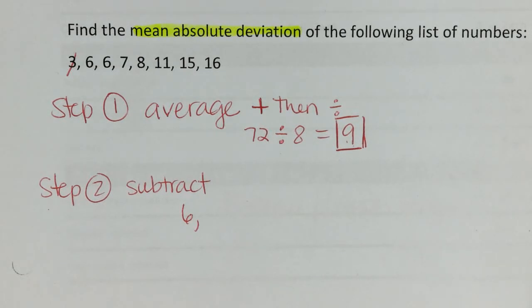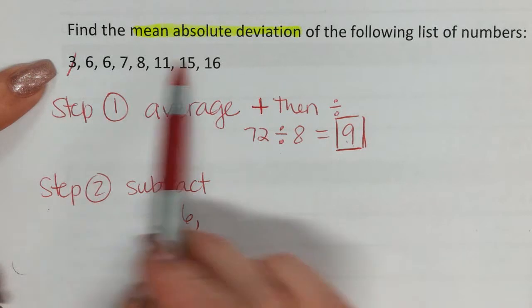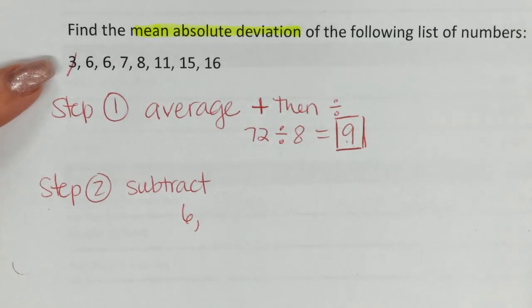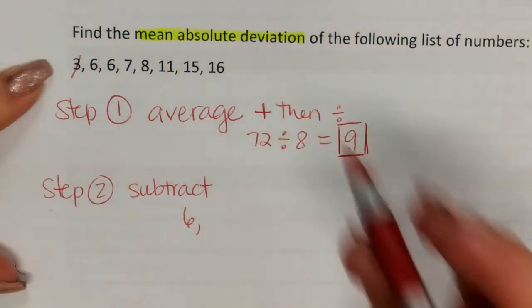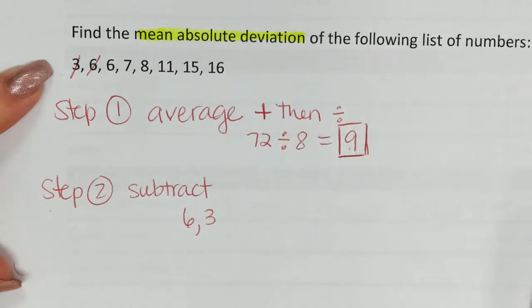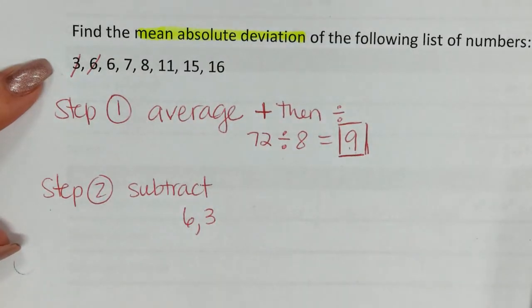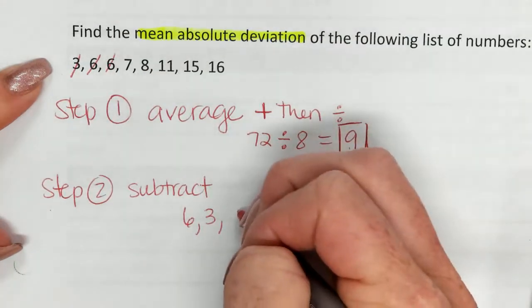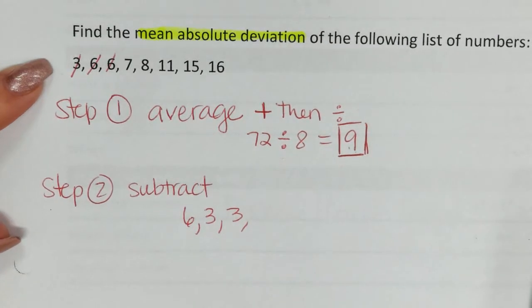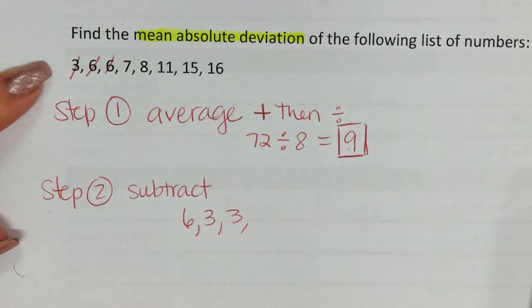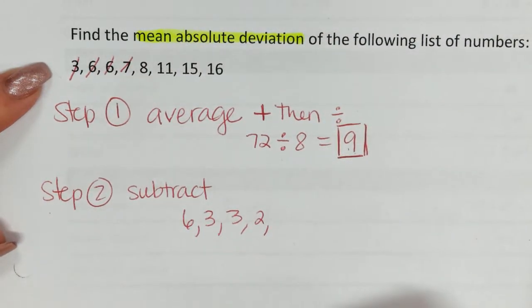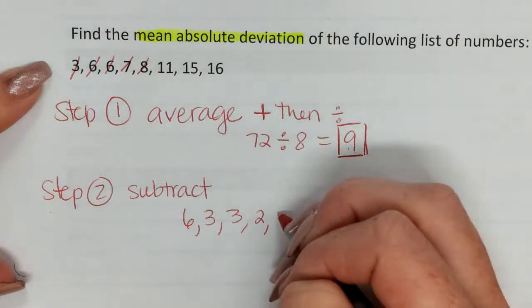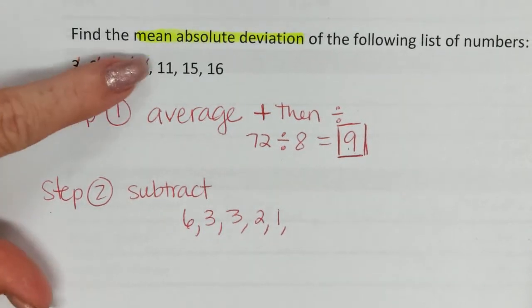So on your paper today, I would write that list down so that you can go mark through them. Okay, now I'm going to do 9 minus 6, which is 3. I'm going to write it down, and I'm going to mark that one off. And then 9 minus 7 is 2. 9 minus 8 is 1. Now watch what happens when I get to this one.